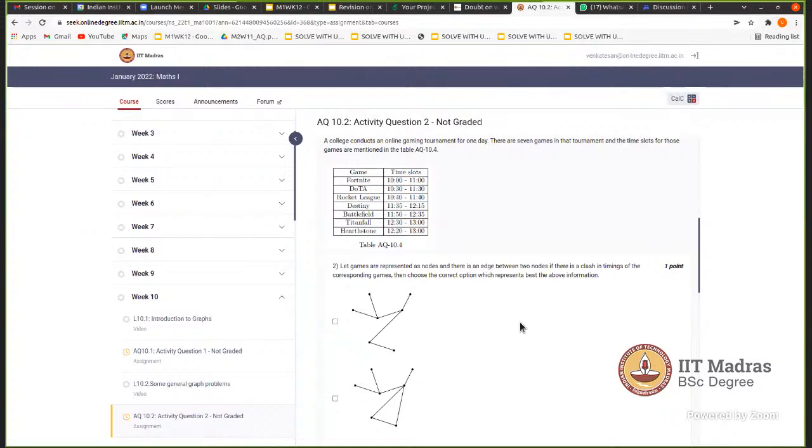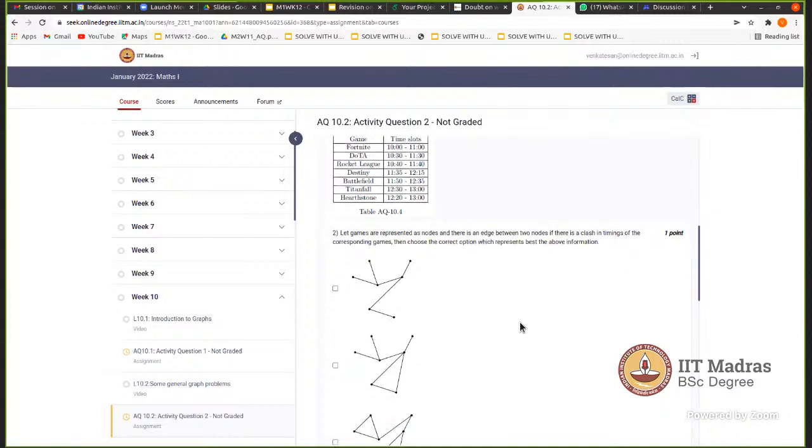That is what a clash means: at one particular time, if there are 2 games, then that is the clash. So there will be an edge from Fortnite vertex to Dota vertex. This is how you have to draw the edges between all the 7 nodes.